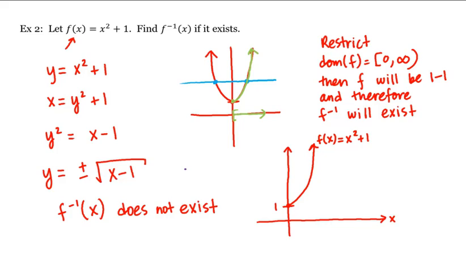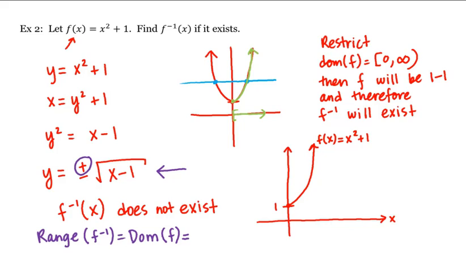But what are we going to choose over here for f inverse of x, the positive or the negative? We're going to choose the positive because remember that the range of the inverse is equal to the domain of the original function.